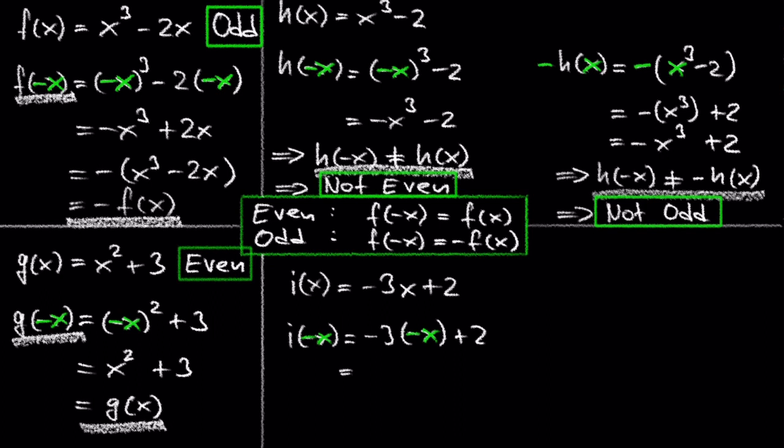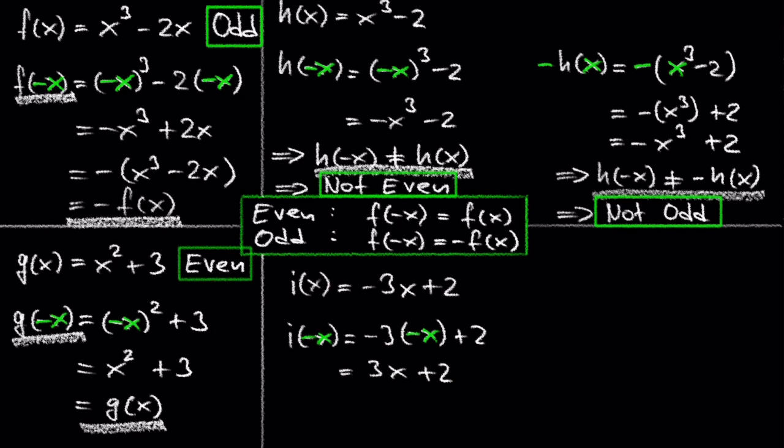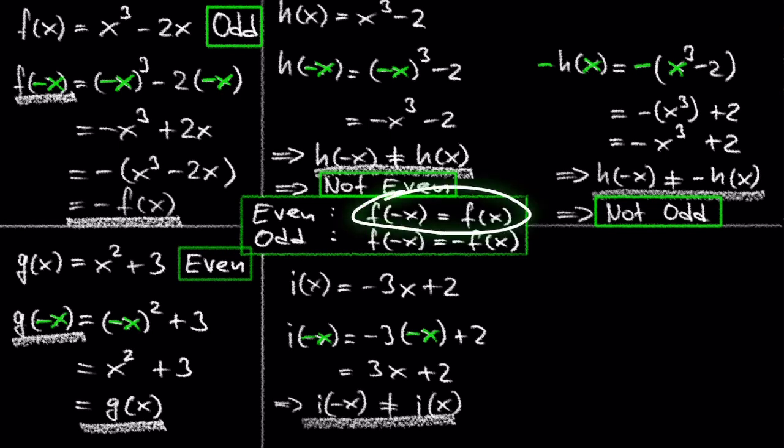Negative 3 times negative x is 3x, so we get 3x plus 2. We see that i of negative x is not equal to i of x. Which means this is not an even function.